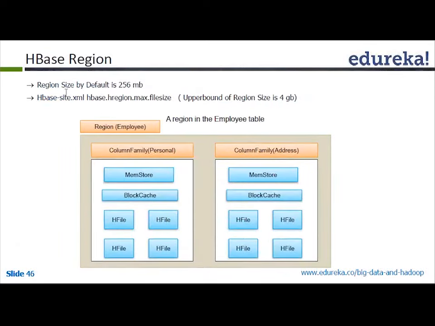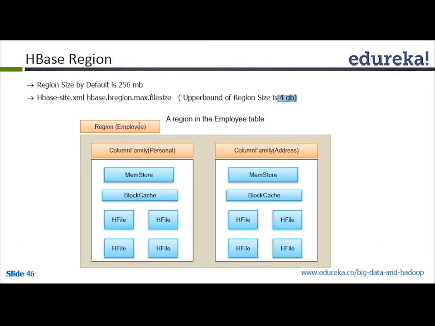If you talk about the HBase regions, an HBase region by default is 256 megabytes. In hbase-site.xml there is a property called region.max.filesize, so you can keep an upper limit of 4 gigabytes. By default the region is 256 megabytes, but it can go up to 4 gigabytes.